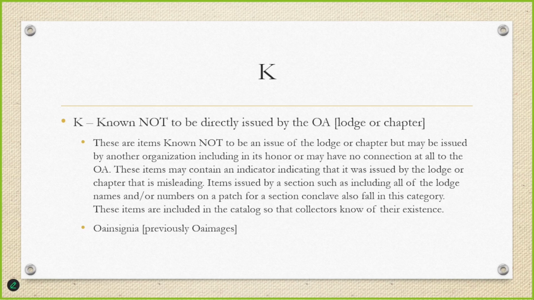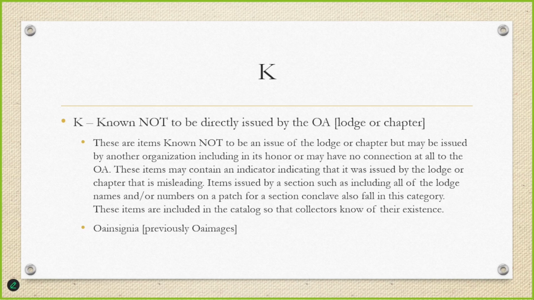They separated Y into 3 letters, one of which is still Y, but one of which is K, which is known not to be directly issued by the OA lodge or chapter. So these are items known not to be issued by the lodge or chapter, but may be issued by another organization, including in its honor, or may have no connection at all to the OA.